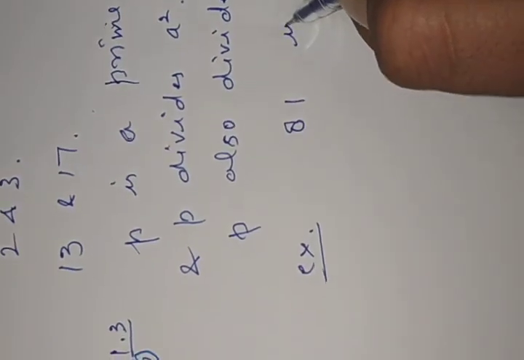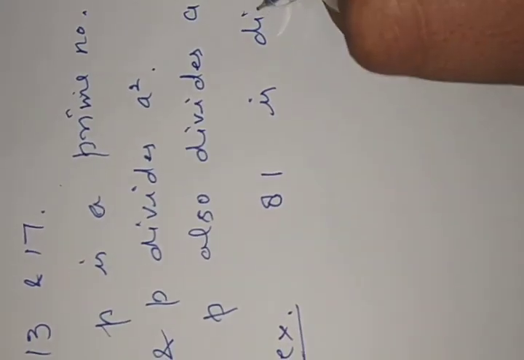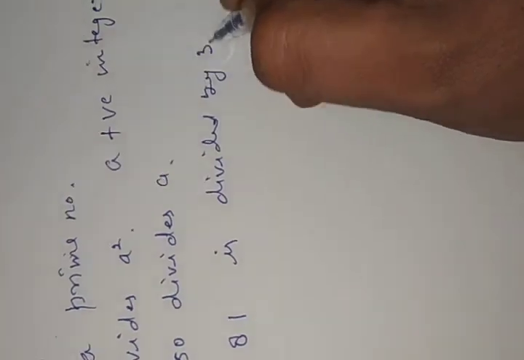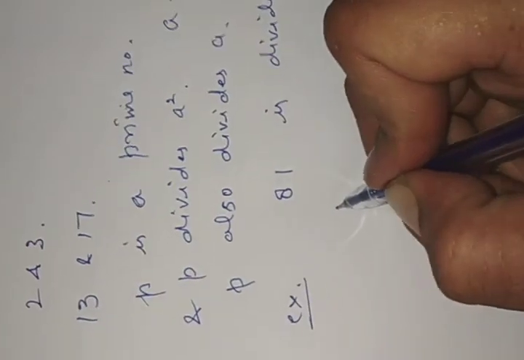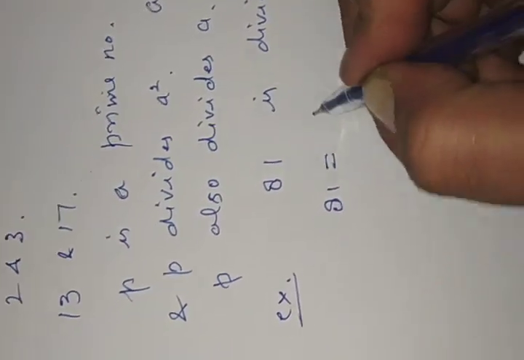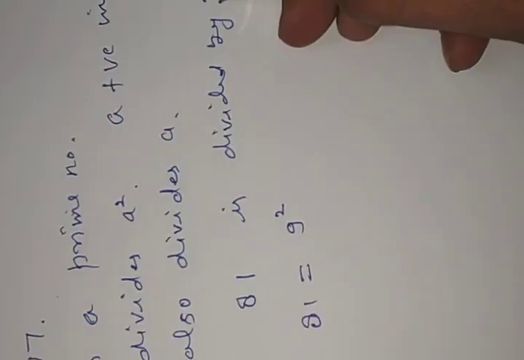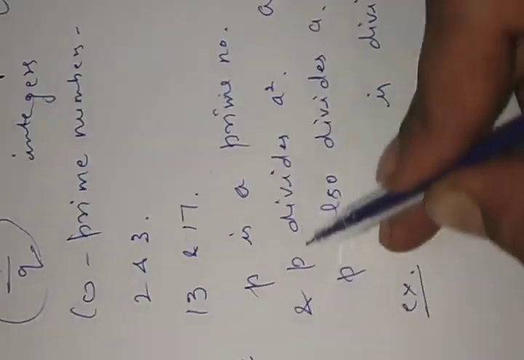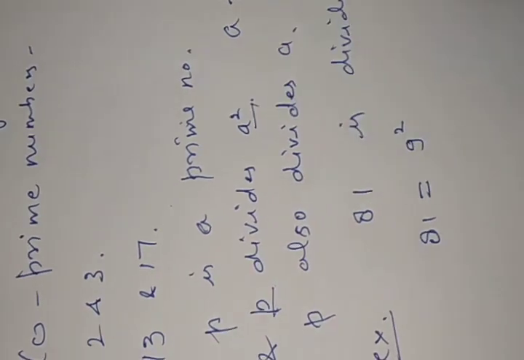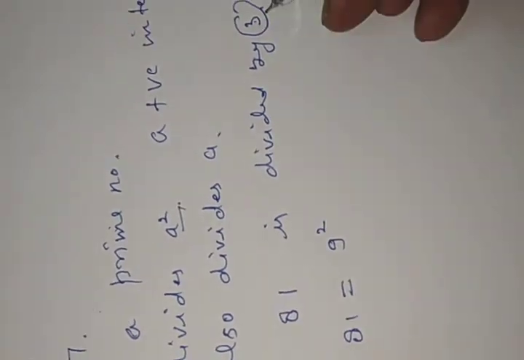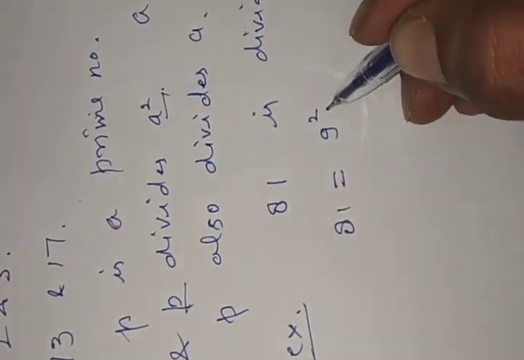I will give you an example here. 81 is divided by 3. Now 81 is the square of 9. As per our theorem, if P divides a square, our P is 3 and it is a prime number. 81 is divided by 3 and 81 is the square of 9.